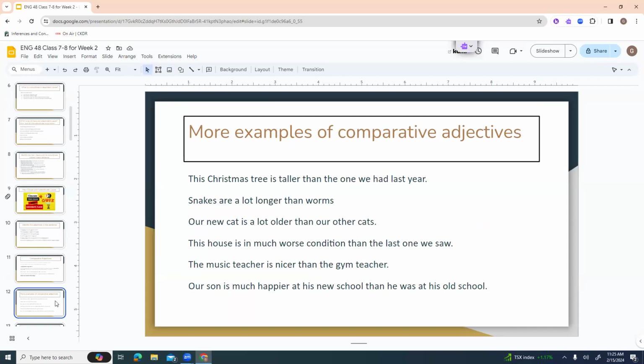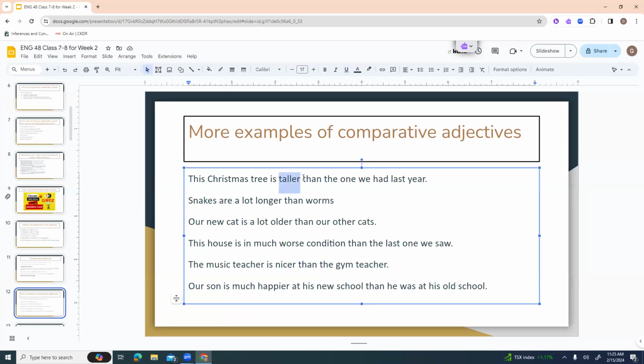This Christmas tree is taller than the one we had last year. So taller is our comparative adjective. Snakes are a lot longer than worms. Longer is our comparative adjective. Our new cat is a lot older than our other cats. Older is our comparative adjective.